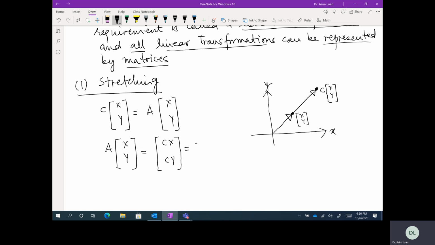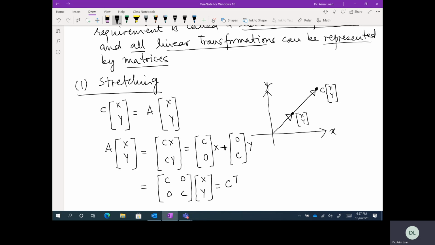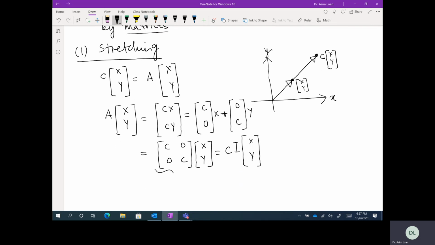So this I can write as [c, 0] x, from the first chapter, plus [0, c] y, which is equal to the matrix [[c, 0], [0, c]] times (x, y), which is equal to c times I into (x, y). So cI is the matrix.